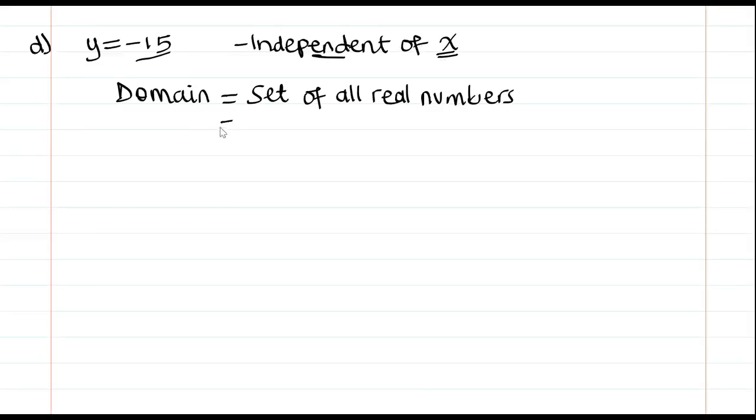That means here, in the set builder form, the domain x is a set of real numbers. This is set builder notation or set builder form.